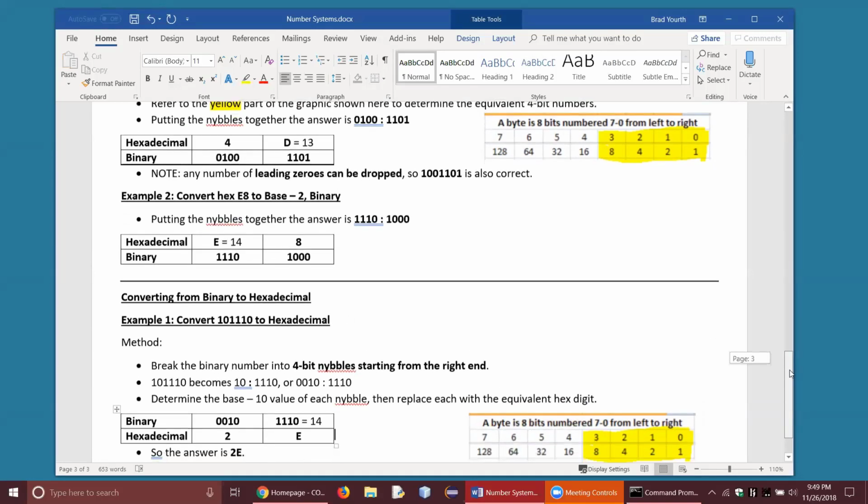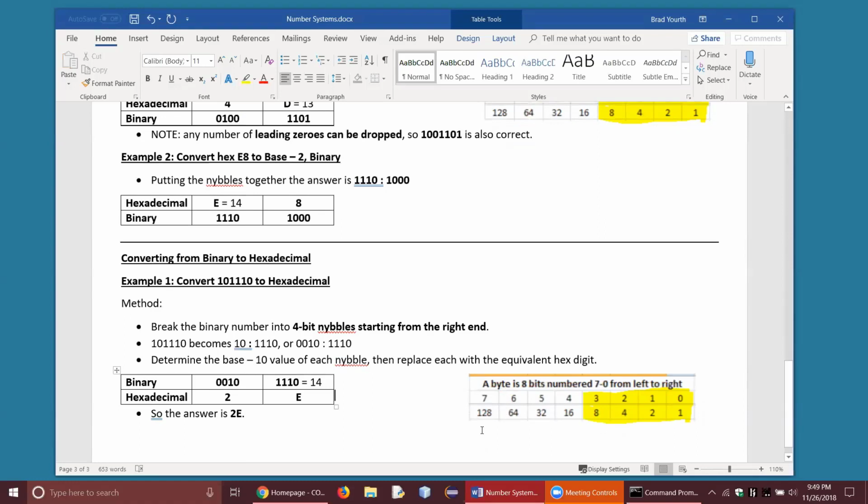The little chart that has the yellow on it, how do you get those numbers again? Well, they're powers of the base 2. Let's see if I can show you another document here. So it's like 2 to the 5th power. Yeah, these are all powers of 2.